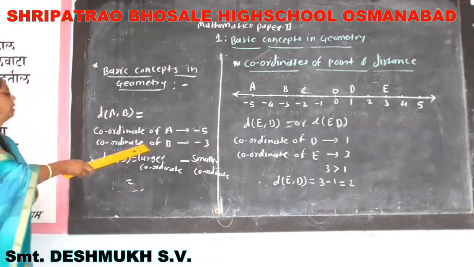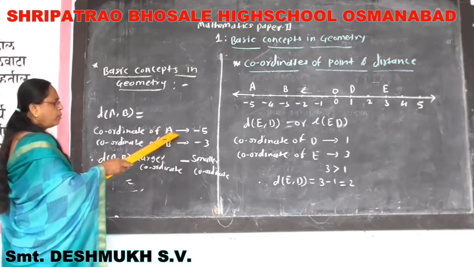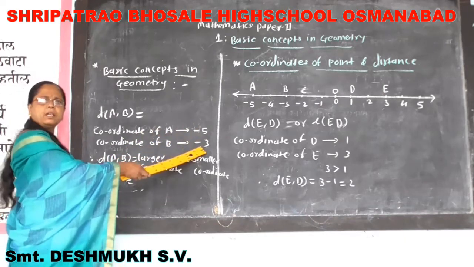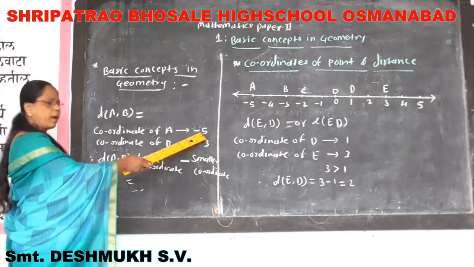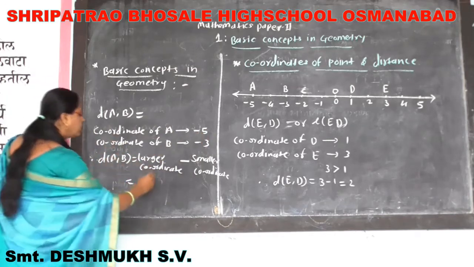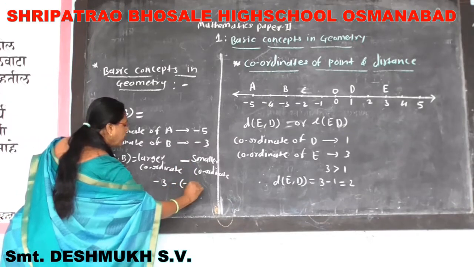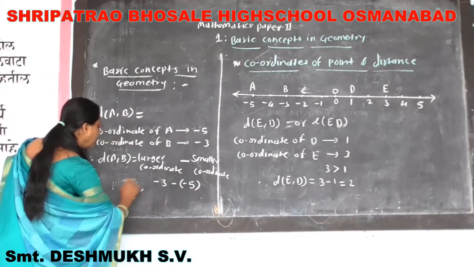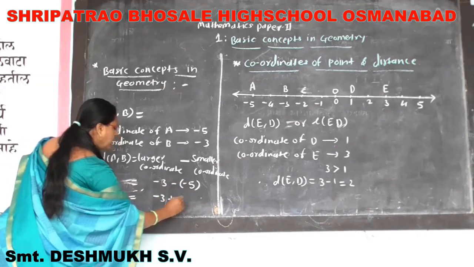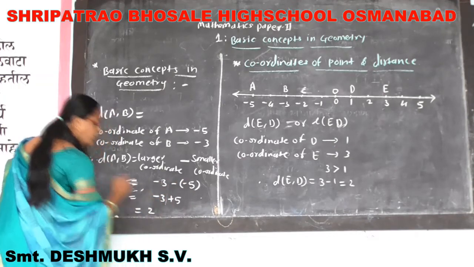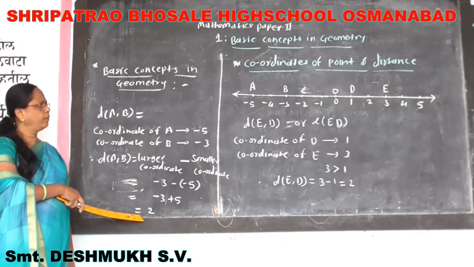Here -3 is the larger number and -5 is the smaller number, and therefore distance AB is equal to -3 minus (-5), which is -3 plus 5, that is 5 minus 3, equal to 2. Therefore distance AB is equal to 2.